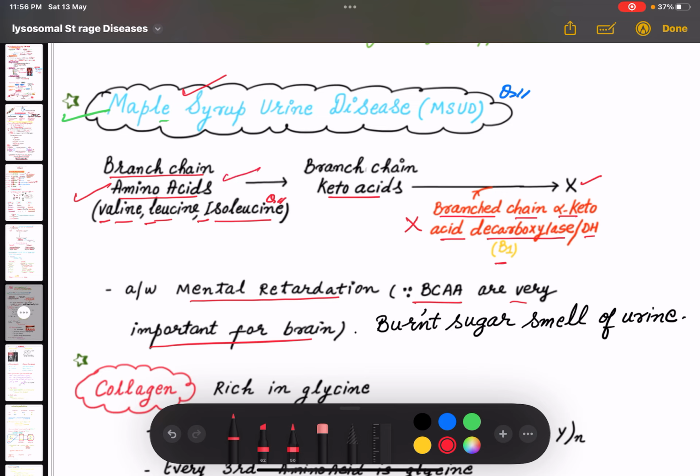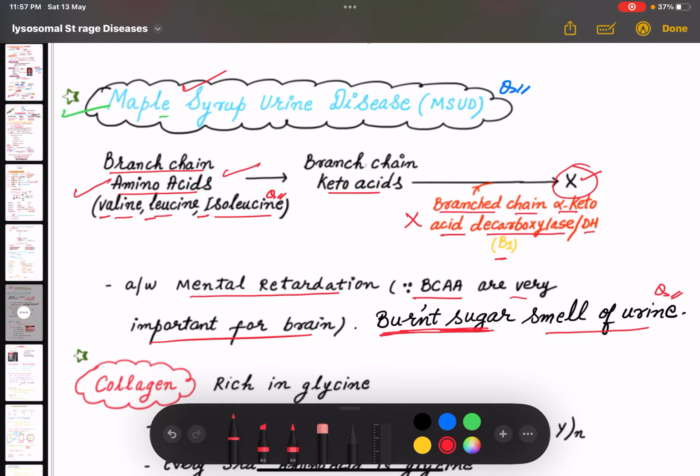Once these are not utilized, they can result in mental retardation. Also remember that the patient will have a burnt sugar smell in the urine, which is characteristic in these patients, and you will have this term, burnt sugar, given in the question, which is very important.